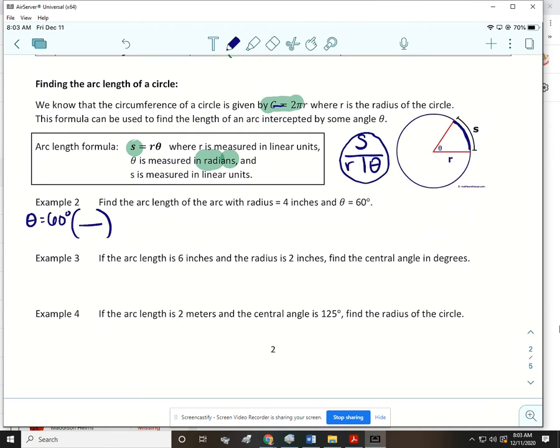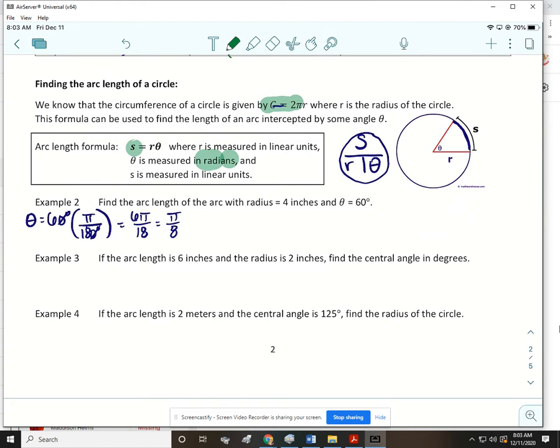To change degrees to radians, you multiply by pi over 180 degrees. The 0 and the degree would both cancel out, and you would be left with 6 pi over 18. And then that reduces down to pi over 3. Now you can reduce more as you go if you want to. I'm going kind of slow on that.